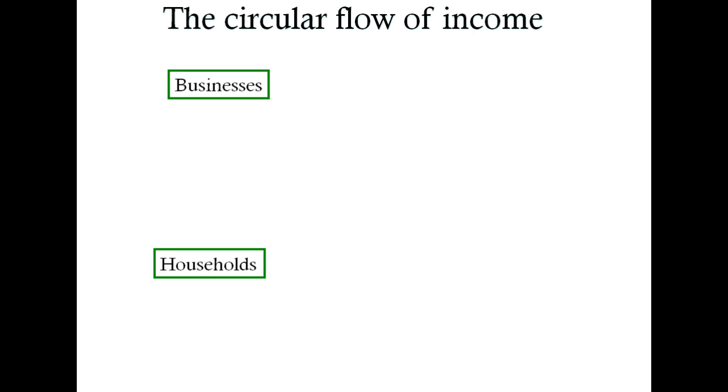So let's start off really simple. The most basic element to our economy is households and businesses. Or let's think of it this way, consumers and producers. That, you could say, would be the core of our economy.